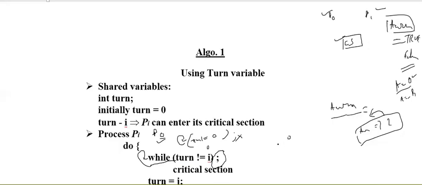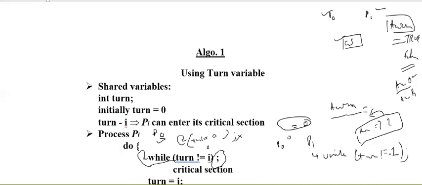Suppose I have two processes, P0 and P1, and initially the turn value is 0 and P1 arrived. P1 will check while turn is not equal to 1, is this my turn? If turn is not equal to 1, if that is true, then I am going to wait.